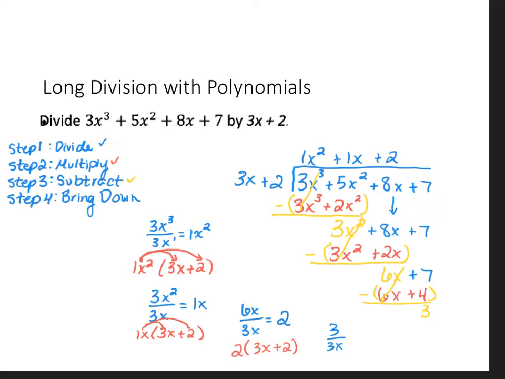So my remainder for this polynomial is 3, and I have 3 over 3x plus 2, my divisor. And because this is a polynomial, I always want to link all of this with addition or subtraction. So this is my final polynomial that I get when I divide.